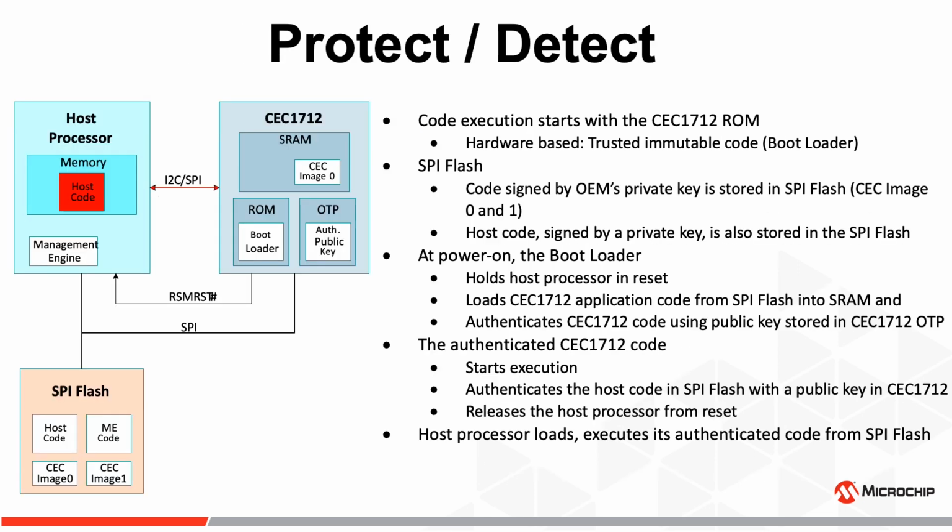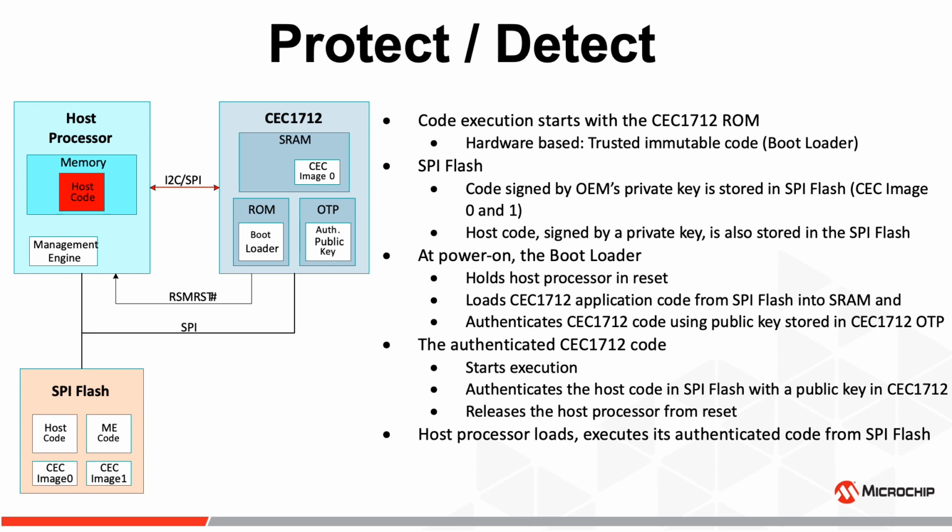So how does this solution protect, detect, and recover? There's a lot of information on this slide. I'm just going to hit it very quickly. Essentially, in this particular system, we have a host processor that is going to boot from an external SPI Flash. And this host processor does not have the capability to do the immutable root of trust for integrity, nor does it have the ability to do the digitally signed algorithms to ensure the authenticity.